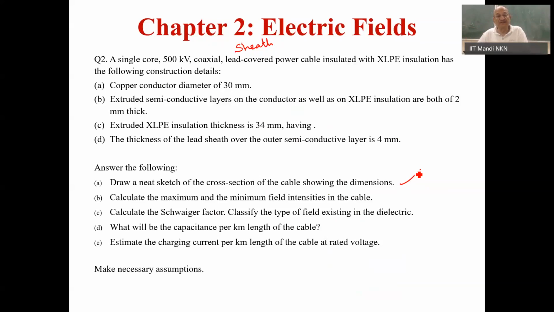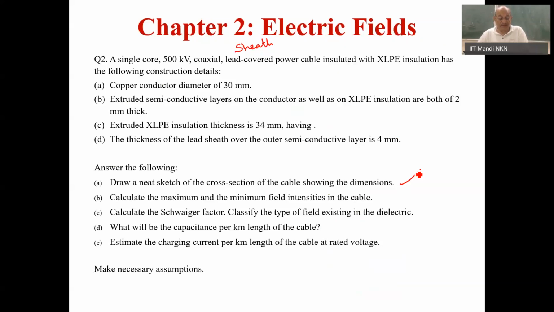Mean field intensity would be given by the voltage divided by the thickness between the two electrodes. You have to carefully determine the dimensions to get the correct answers.